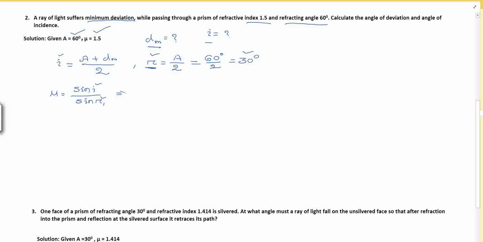So this implies sin I is equal to mu into sin R1. Here it is given mu is equal to 1.5, into sine 30 degree. Sine 30 degree is 0.5 or 1 by 2.